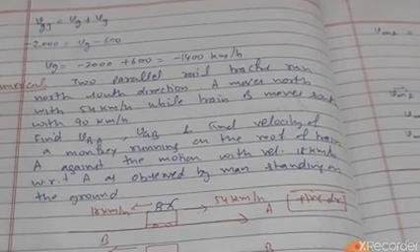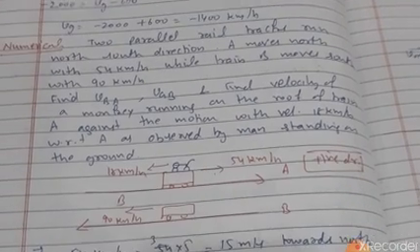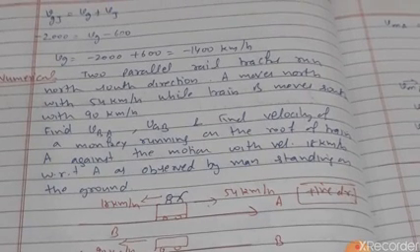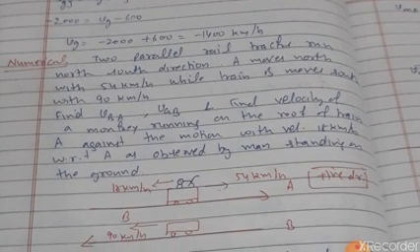Two parallel rail tracks run in the north-south direction. Train A moves towards north with 54 km per hour while train B moves towards south with 90 km per hour.